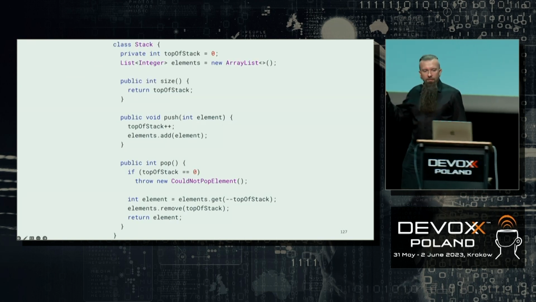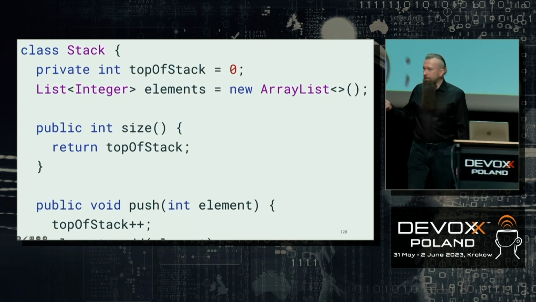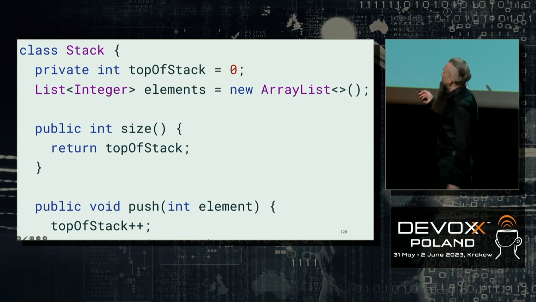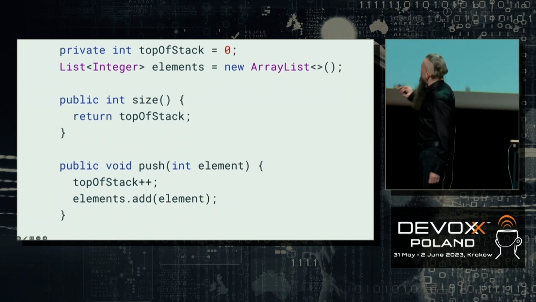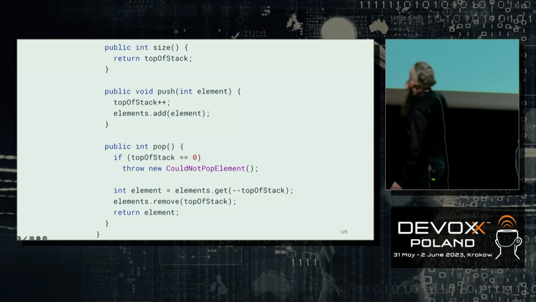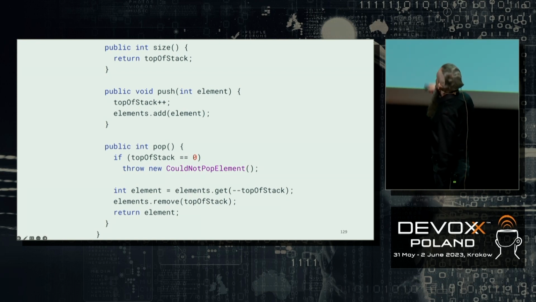Let's see this for a very simple example of a stack. We can see that we have two fields in this class, top of the stack and elements. Pretty simple. And if we examine all the methods presented in this class, we can see that top of the stack is used by size, top of the stack and elements are used by push, and top of the stack and elements are used in the pop method.